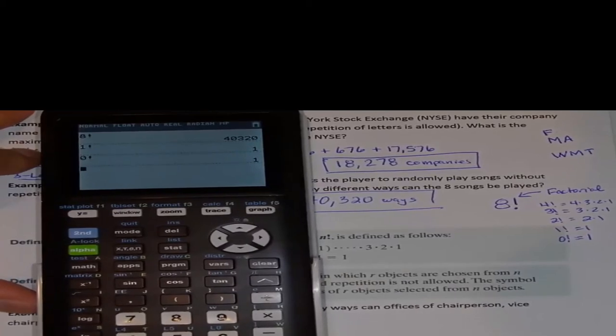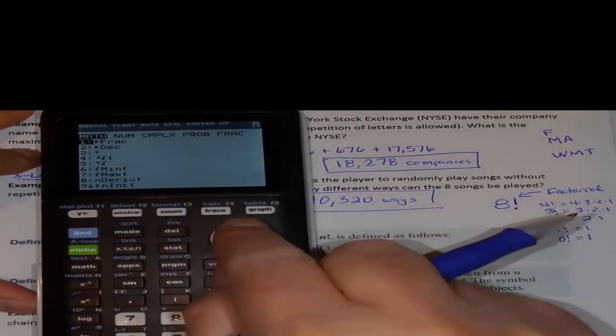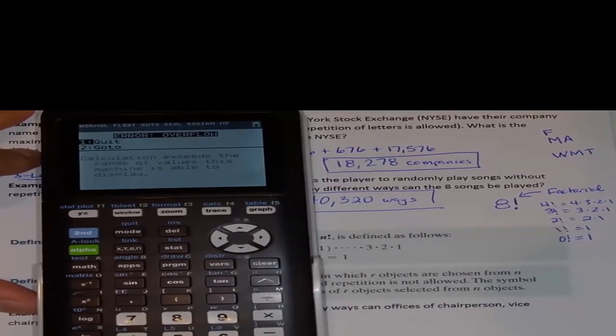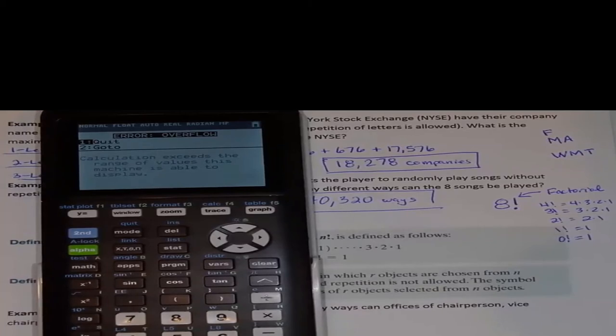Now, I do want to warn you, if I try to do 100 factorial on my calculator, so I go 100 factorial, I get an error on my calculator, and the error that I get is an overload error, okay? So an overload error basically means that the thing I'm trying to calculate is too big for the calculator to do.